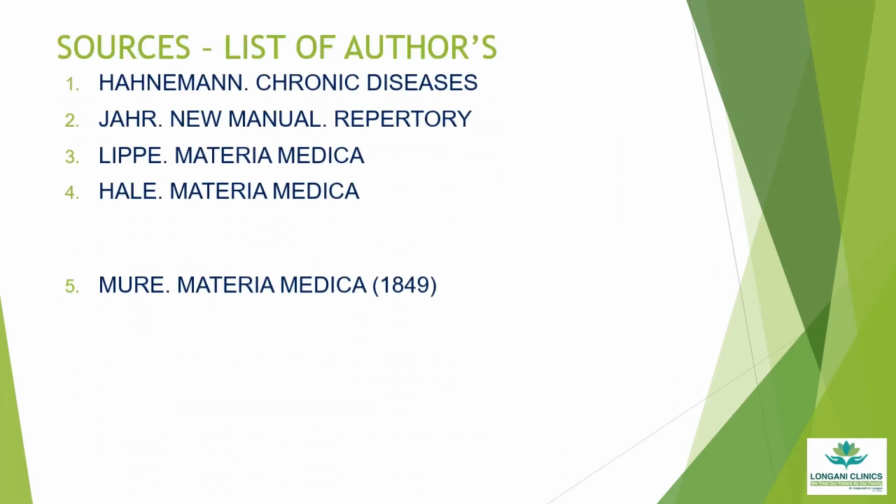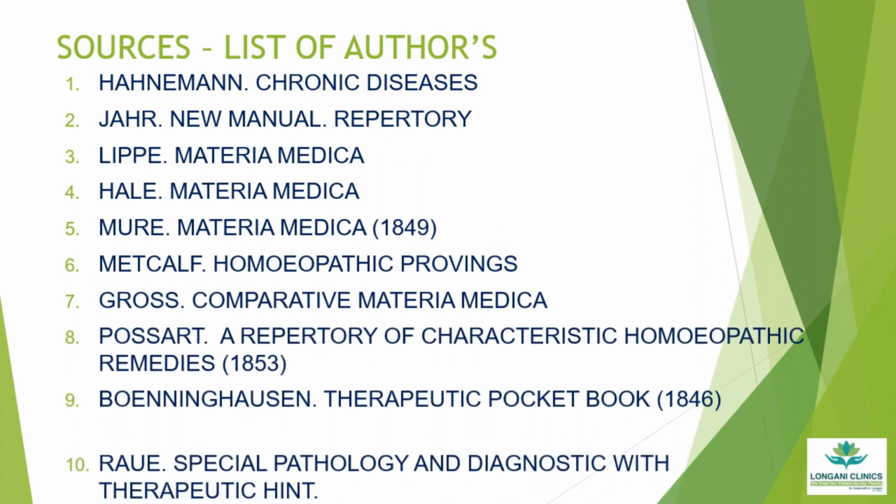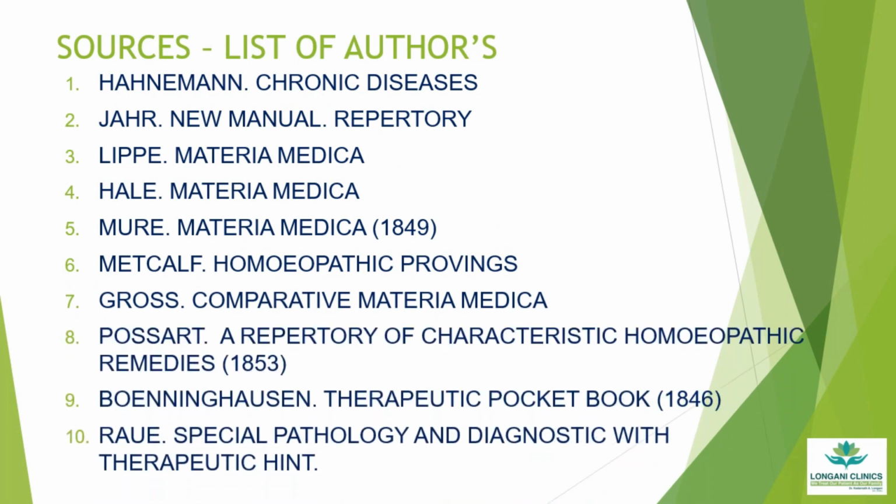Sources. List of authors. 1. Hahnemann, Chronic Diseases. 2. Jahr, New Manual Repertory. 3. Lippe, Materia Medica. 4. Hale, Materia Medica. 5. Muir, Materia Medica, 1849. 6. Metcalf, Homeopathic Provings. 7. Gross, Comparative Materia Medica. 8. Possart, A Repertory of Characteristic Homeopathic Remedies, 1853. 9th.